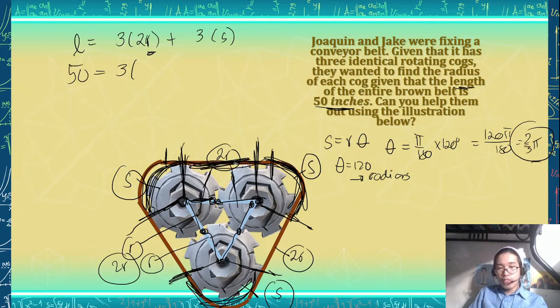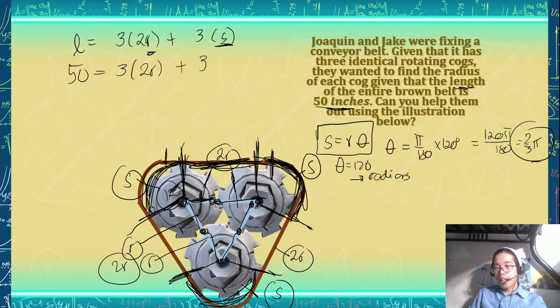And we have 3 of these on the conveyor belt. So that's going to be 3 times 2r plus 3 times the arc length. And the arc length is given by the formula, radius times the radians of the degrees. And the degree measurement here, since the angle has been subtended, is 120 degrees. And we have to transform that to radians.